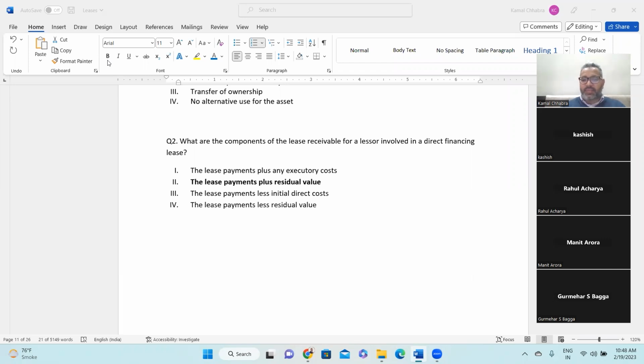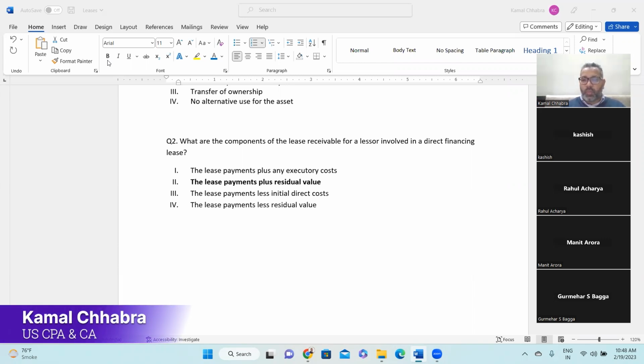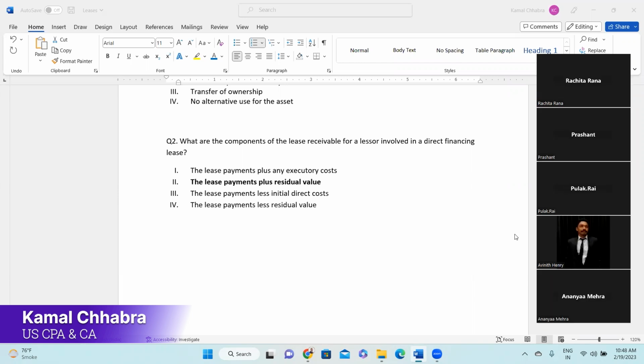I'll add to it, but at least share what comes to your mind. Any implementation cost, I would say. Any implementation cost? Yeah, which we have discussed as initial indirect cost. Yes, right? So that's an executory cost, for legal fees or commission or something, right?